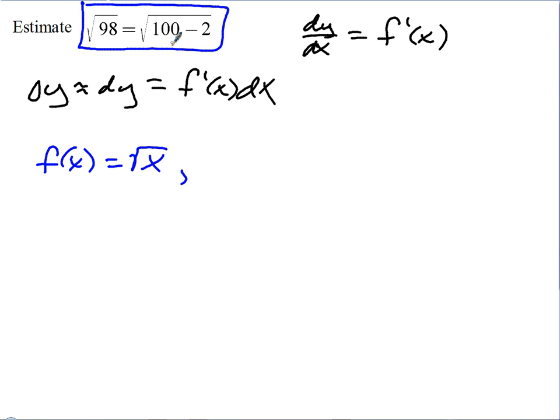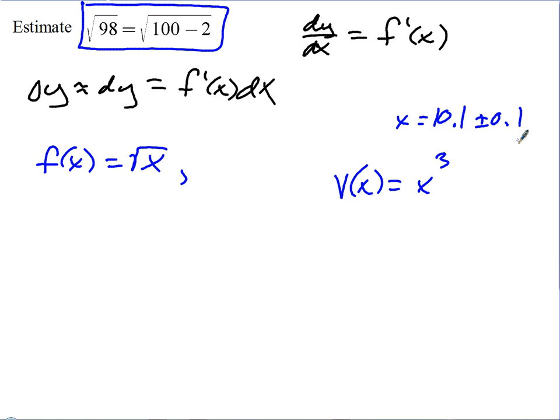We looked at a couple of examples, both volume examples, where we had V of x equals x cubed, and x was, I think, 10.1, plus or minus 0.1. Inches, centimeters, doesn't matter.